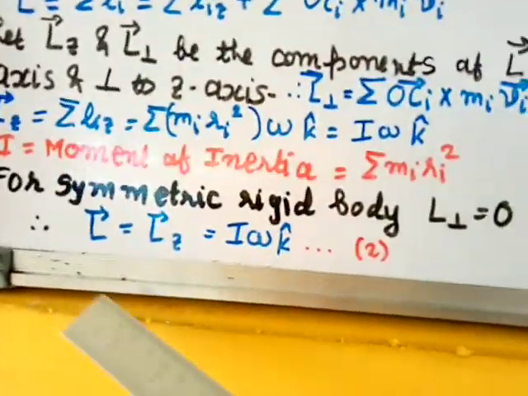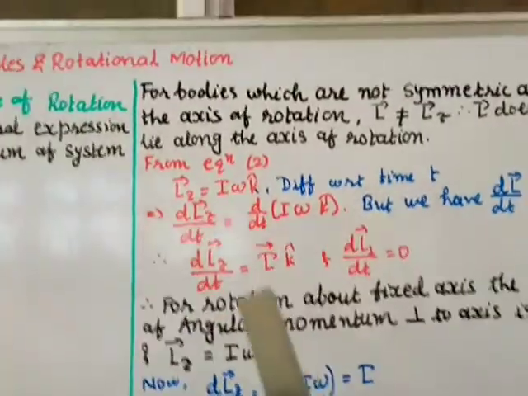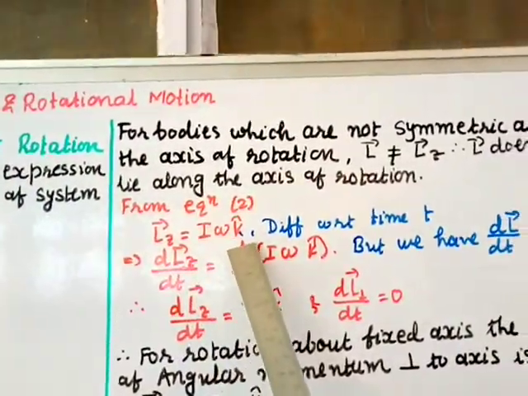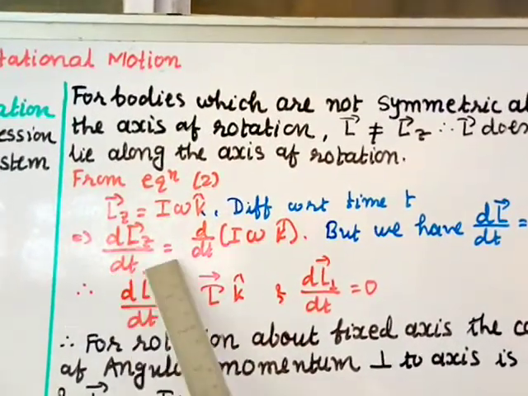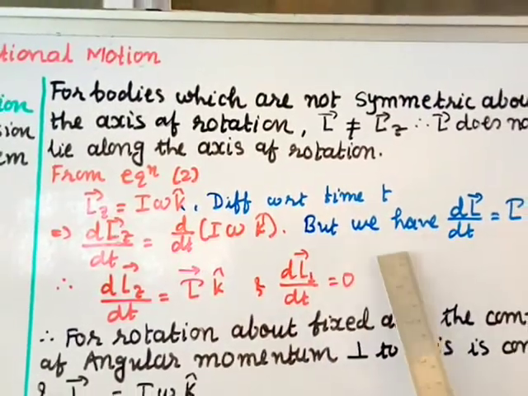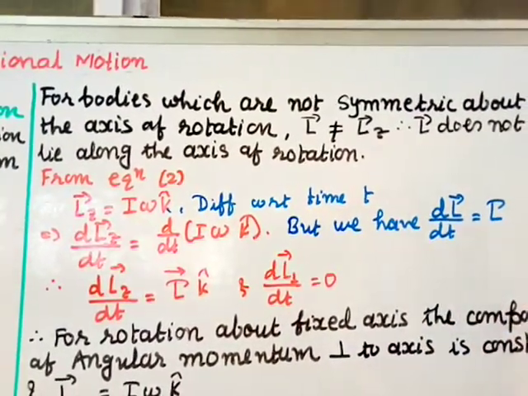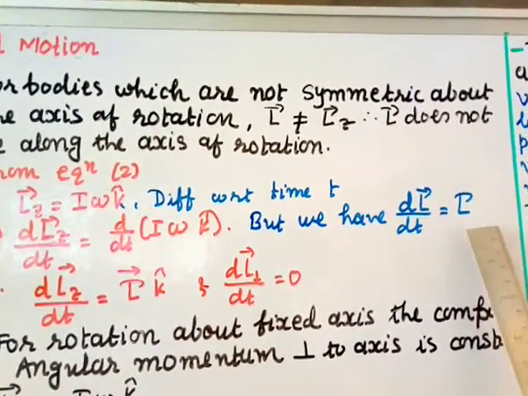Now from equation 2, L equal to Lz equal to I omega k cap, we differentiate with respect to time. So dLz by dt equal to d by dt of I omega k cap, right? But we know that dL by dt is nothing but tau, the torque.